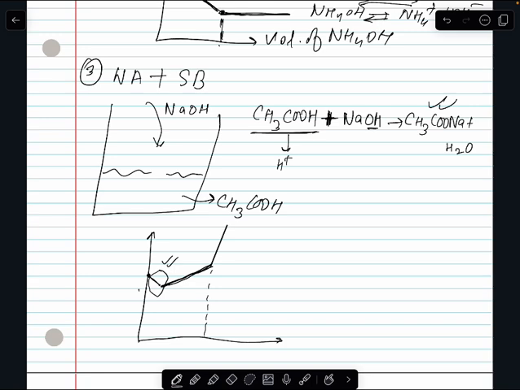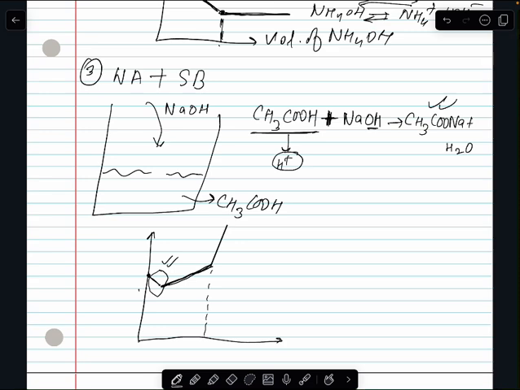Although it's a weak acid, there will certainly be a certain amount of H plus ion in the solution, and since we are using up that H plus ion, the conductivity of the solution should decrease. But as this H plus ion is used, a salt is formed and the conductivity of the salt is more than the conductivity of the weak acid, so the conductivity of the solution will start to increase.